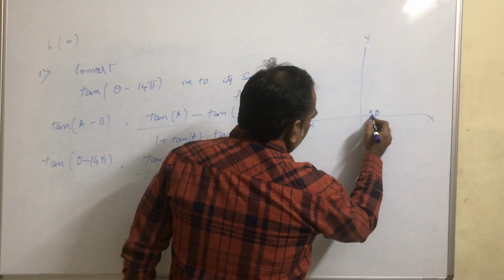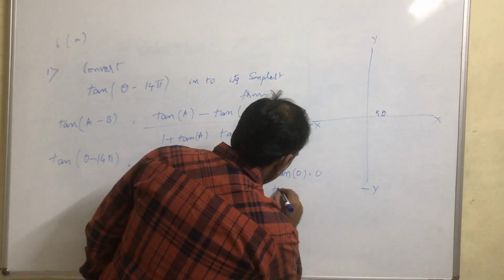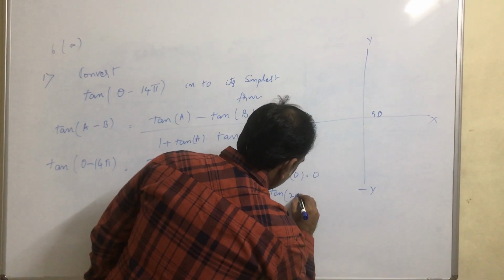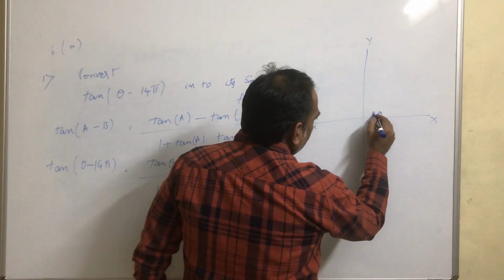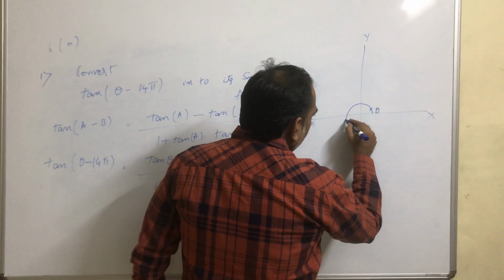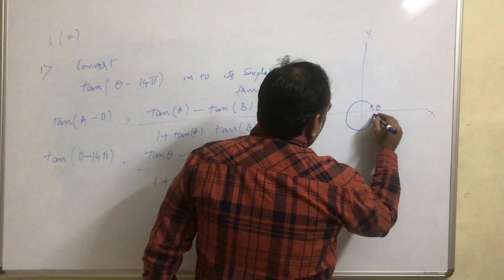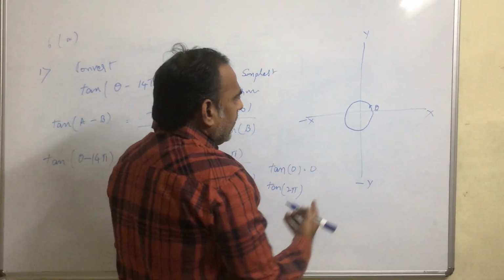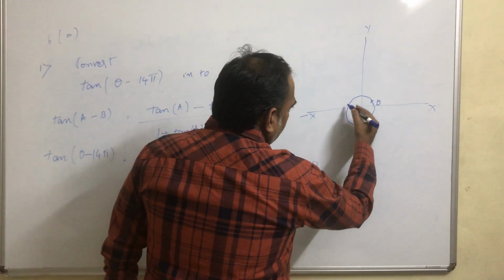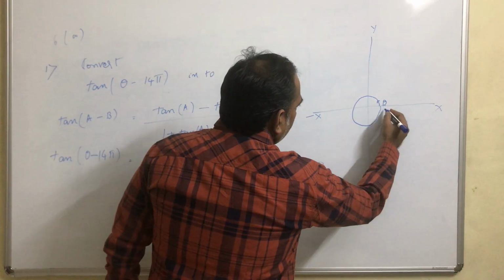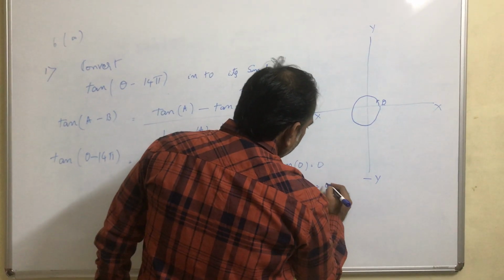Now, what is tan 2 pi? This theta makes an angle rotating in anti-clockwise direction, right? It makes an angle 2 pi. So tan 2 pi equal to again 0.